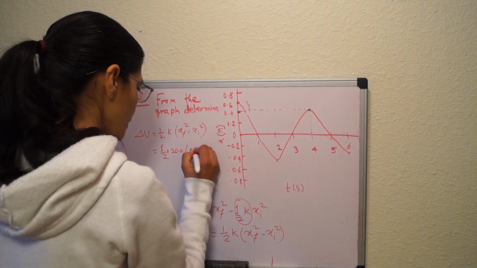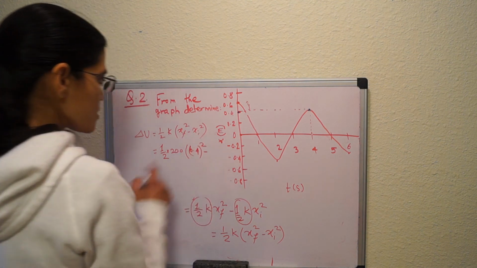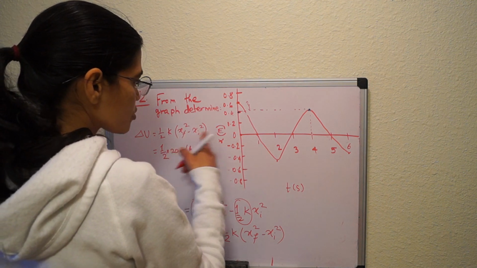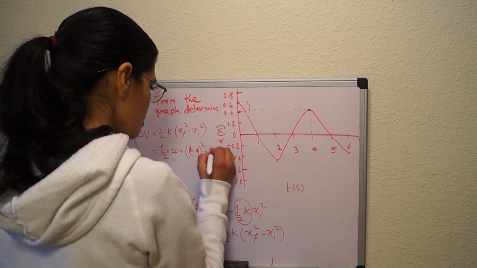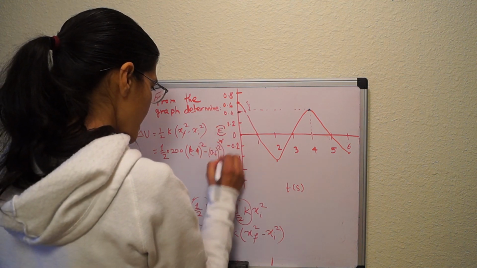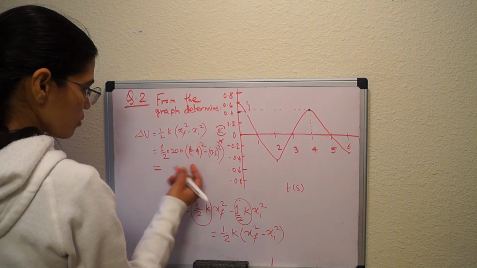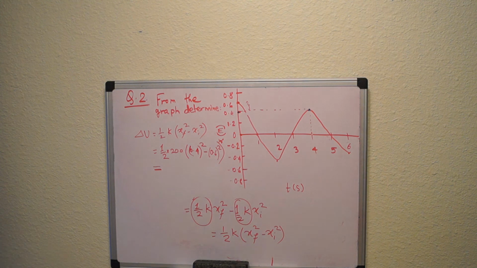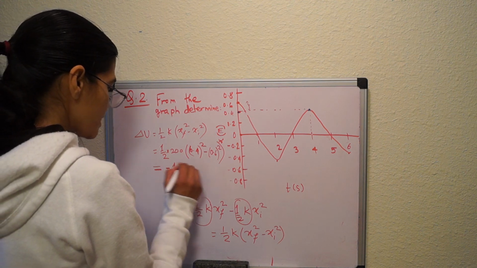So 0.4 meter, and then we need to square that, minus our initial xi position at time t equal to 0, which is 0.6. So 0.6, again you square that, and if you put this in the calculator, you should get the answer, and it turns out that this answer is negative 10 joule.